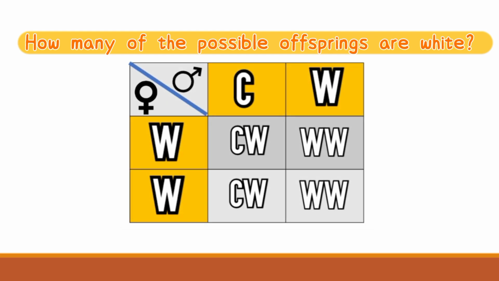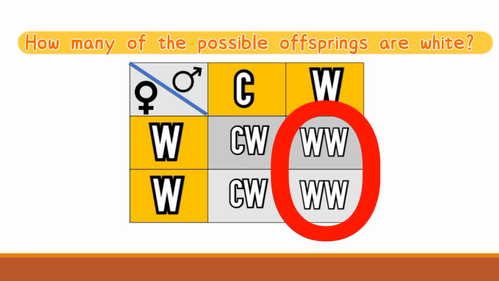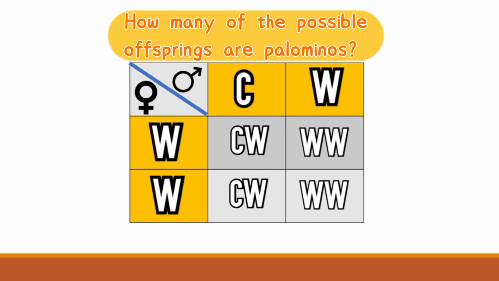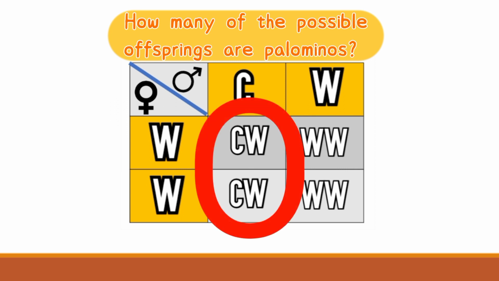How many of the possible offspring are white? Correct. It is 2. How many of the offspring will be palominos? Good job. The correct answer is also 2.